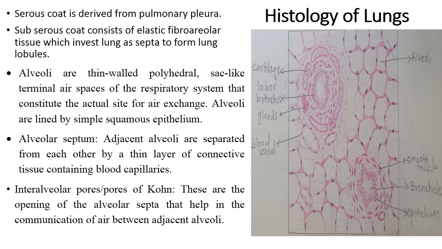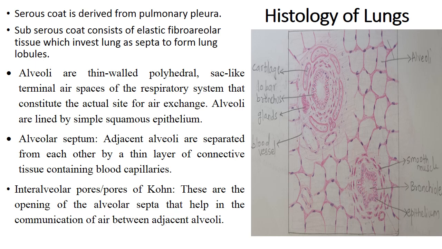The lung is composed from outside inwards of serous coat, then the subserous coat, areolar tissue, and pulmonary substance. Serous coat is derived from pulmonary pleura, which invests the entire lung except hilum and pulmonary ligament.